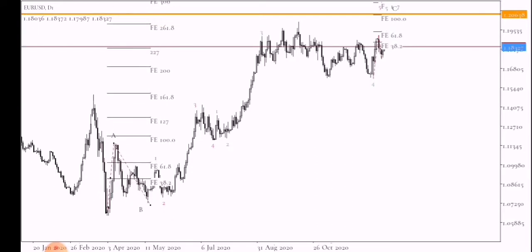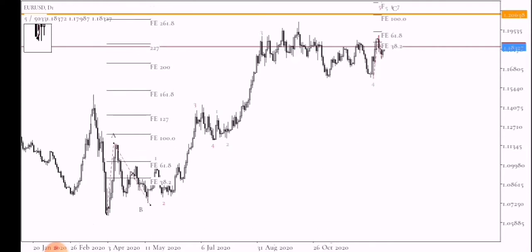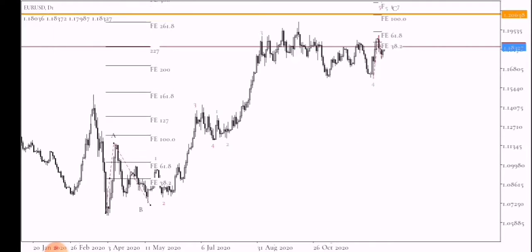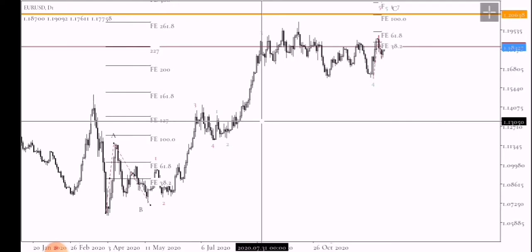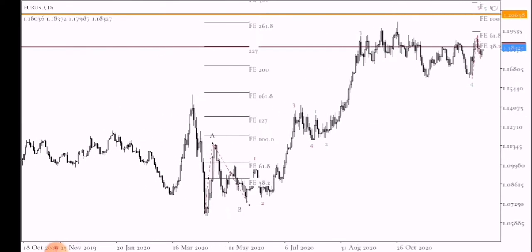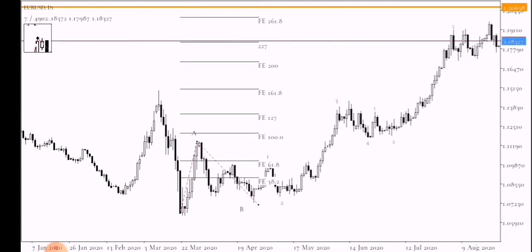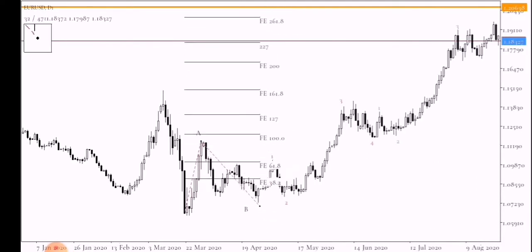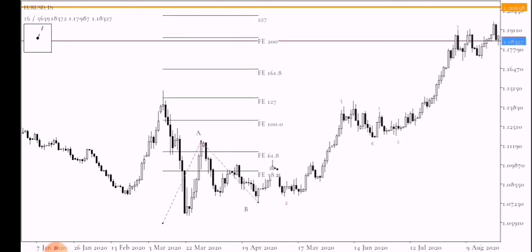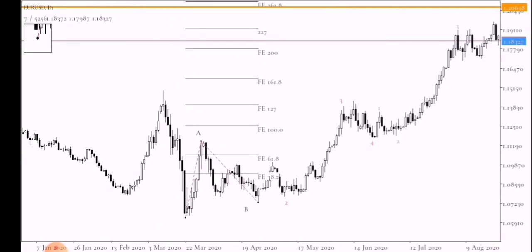Okay, this is the A. I'm going to draw it down where wave A started. Sorry, I didn't draw it properly yet. Wave A, wave B, and the start of wave A.